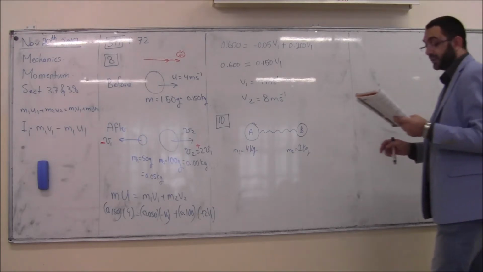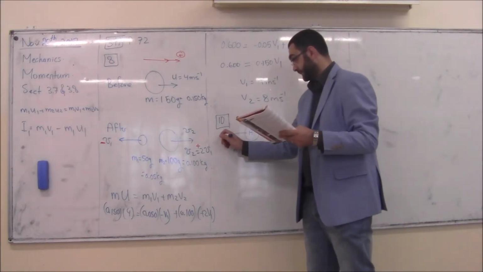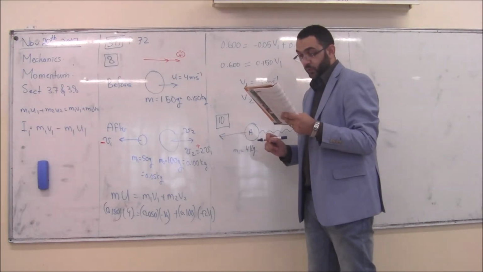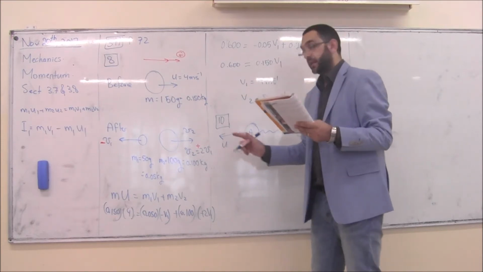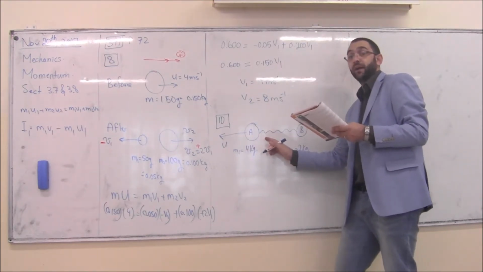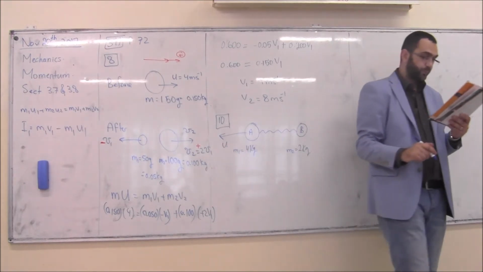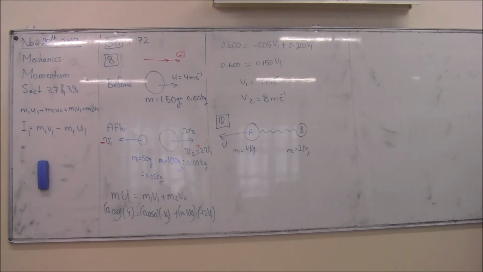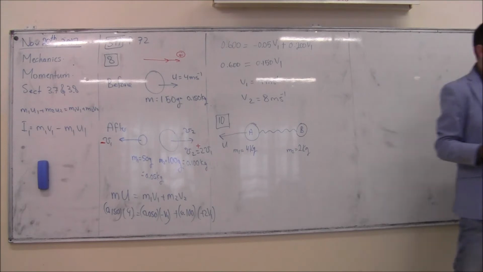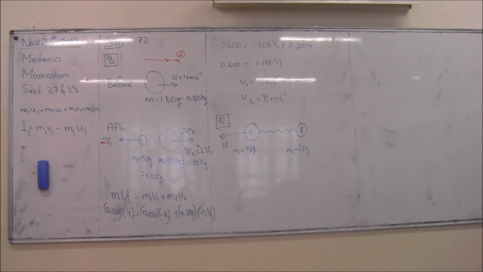Particle A is projected directly away from B with speed U. When the string goes taut, after the collision, the impulse transmitted through the string has a magnitude of 6 Newton seconds. What are we asked? The common speed and the value of U.